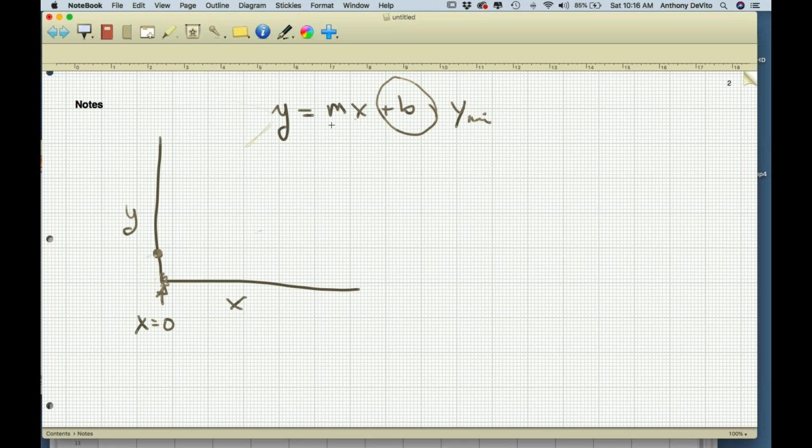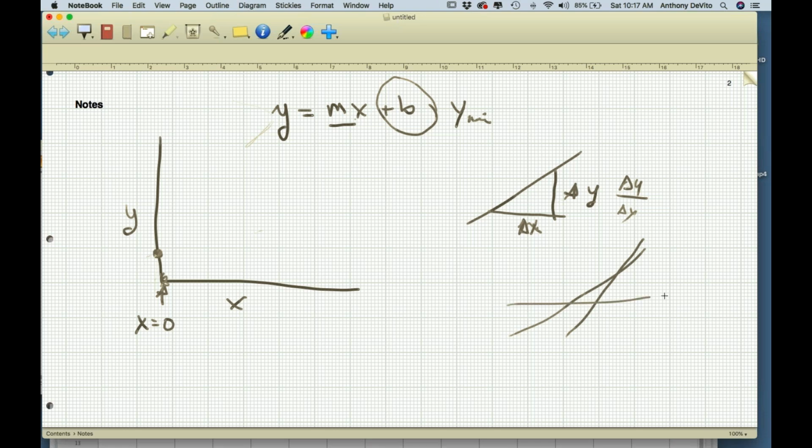Okay, so now if we know what the slope is, in other words, the slope represents, for a line, the amount of change in the y-axis over the amount of change in the x-axis. Change in y, delta, change in x. It's equal to the change in y over the change in x. In other words, how big the slope is. The slope of 2 looks like that. Slope of 1 looks something like that.